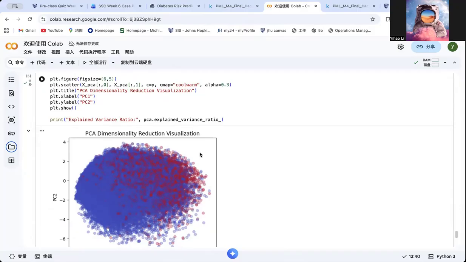By projecting the features into two principal components, we visualize the overall structure of the data. This helps assess whether meaningful patterns exist between the diabetic and non-diabetic groups in the feature space. It also shows the explained variance ratio, indicating how much information is retained after dimension reduction.